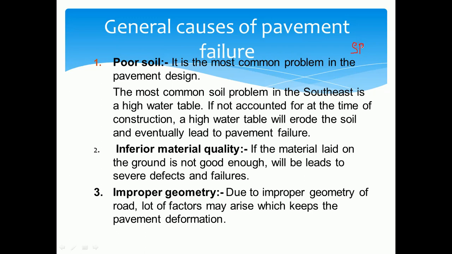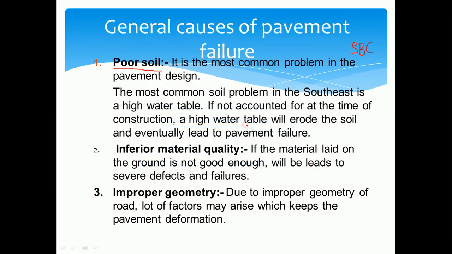There may be a variation in the safe bearing capacity or the structural capacity of the subgrade. That is poor soil, in the sense that the subgrade we have does not have adequate strength to resist the wheel load coming on the road surface.